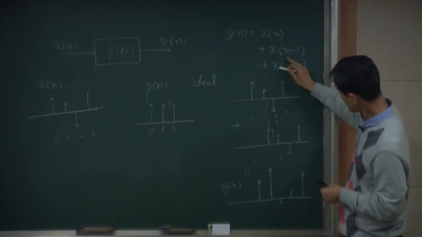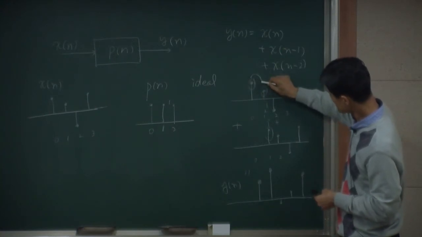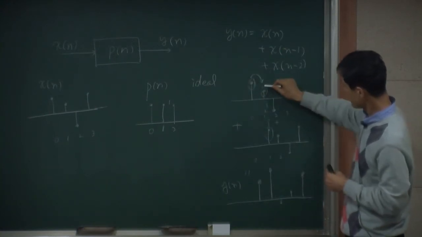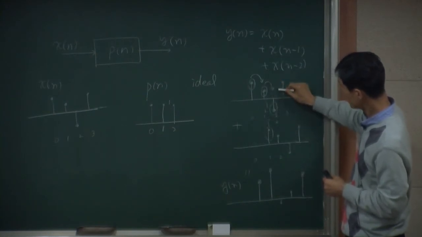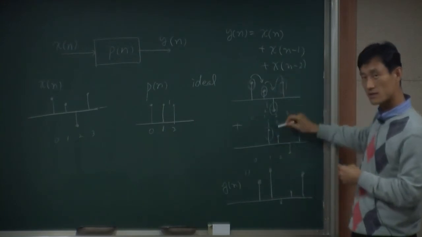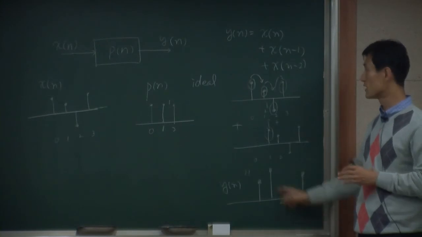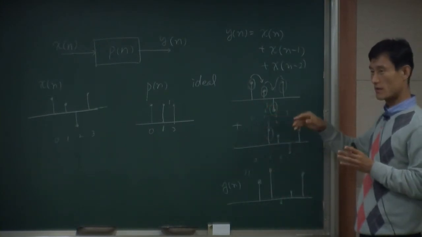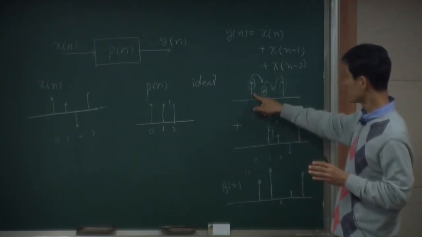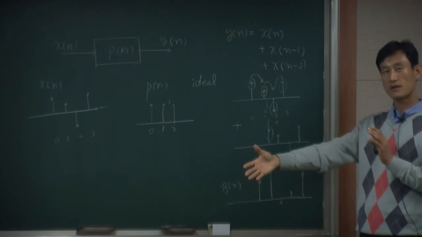So what that basically means is sample 0 and sample 1 is added, and sample 1 is interfering with sample 2. Sample 2 is interfering with sample 3. That's exactly what happened. So that's why we call this intersymbol interference. Each one is a symbol, but each symbol is interfering with the next symbol or even the next-next symbol.